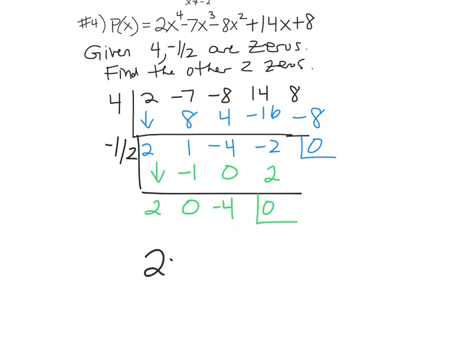Okay, so you kind of just proved that both of those were zeros, and what you end up with is 2x squared minus 4, which is a quadratic. And you know how to solve all quadratics. It's really up to you, however you want to solve this. Because it's missing an x term, I would just solve by extracting roots, which means you're going to add 4, divide by 2.